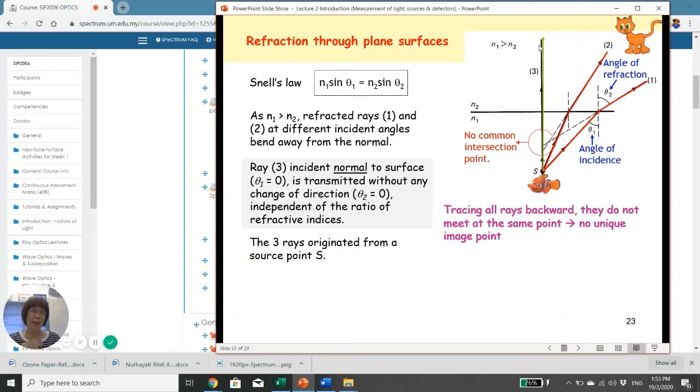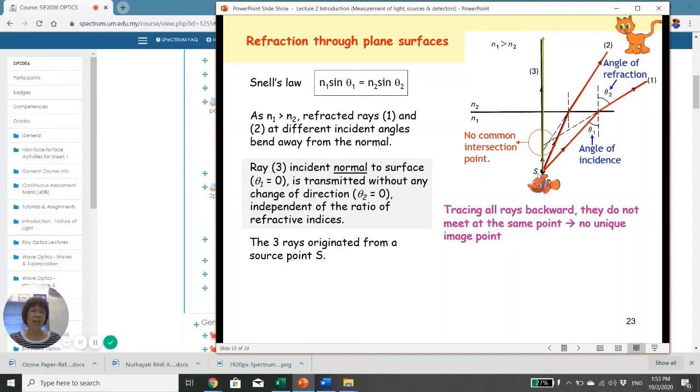Now let's look at this diagram here. We have a plane surface separating n1 and n2. Let's say this is water, maybe this is air, and we have a fish underneath. A ray that comes from the fish, incident onto the surface normal to the surface, will pass through the surface without deviation. It will go straight through.